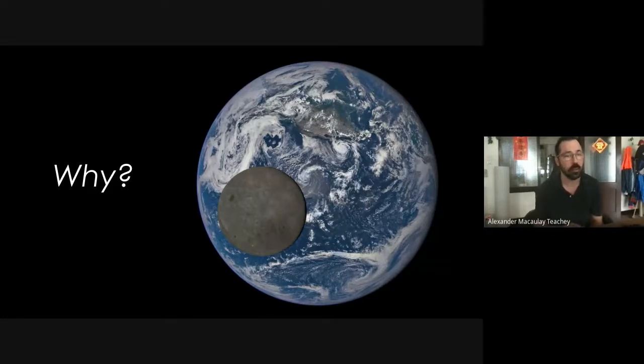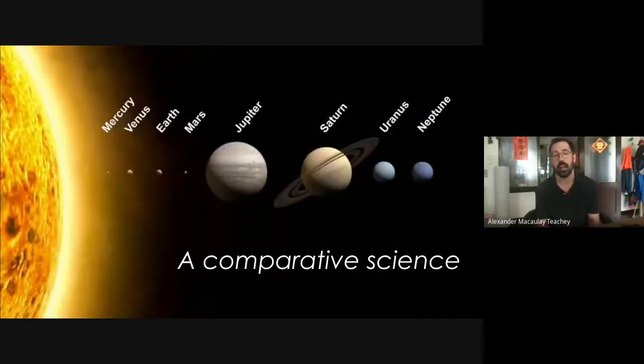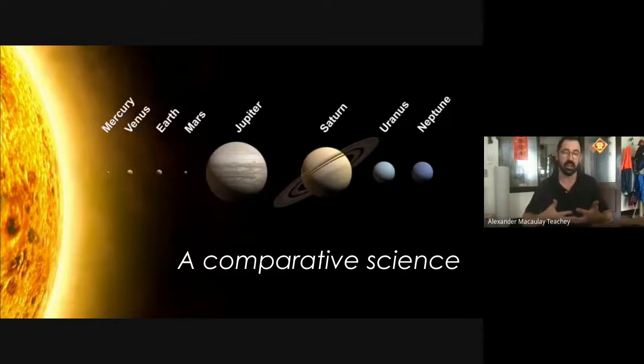But why do we care about doing this work? Well, I think there are lots of answers to that question. To start with, I would say that planetary science is really a comparative science. When we study the other planets in our solar system and the planets beyond our solar system, they are, of course, very interesting in their own right. We just want to know everything that we can about nature, and these are fascinating worlds.